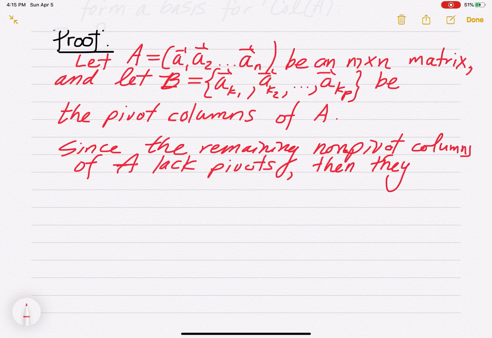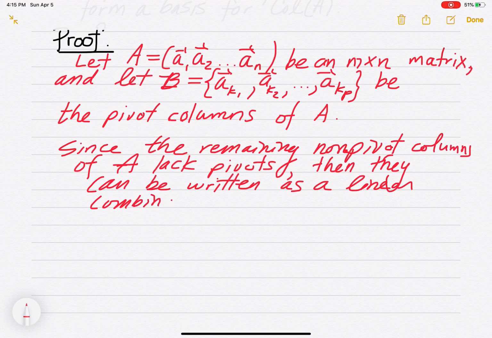Right. So since the remaining non-pivot columns of A lack pivots, then they can be written as a linear combination of the pivot columns.